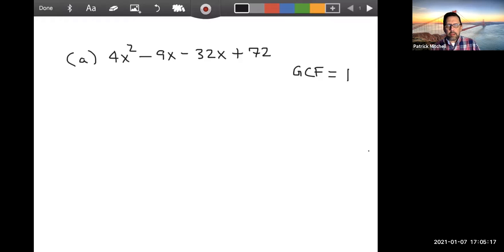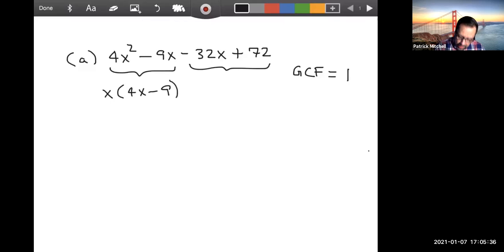All right, so if you remember the grouping method, the way that worked is we group the terms together. And we look to see what can we pull out of the first 2 terms. I can pull out an x, which would leave me with 4x minus 9. And then remember, in order for grouping to work, I have to get the same binomial over here. So what you can do is say, okay, I know I need this to be a 4x minus 9.